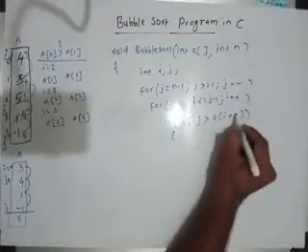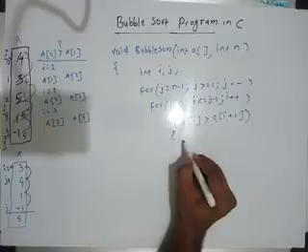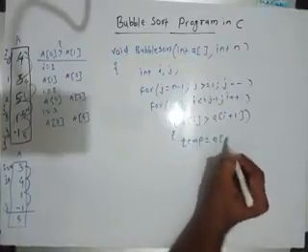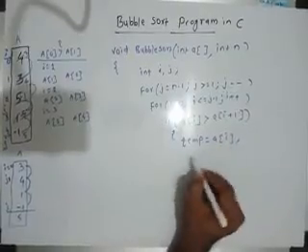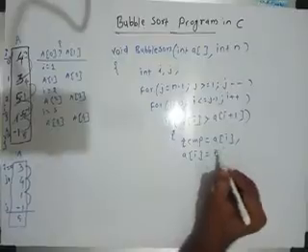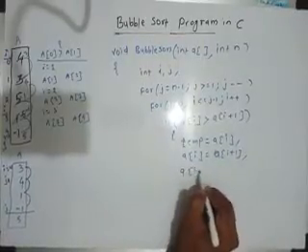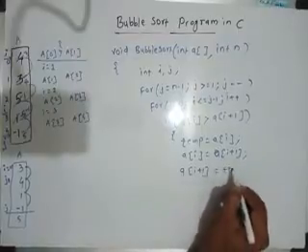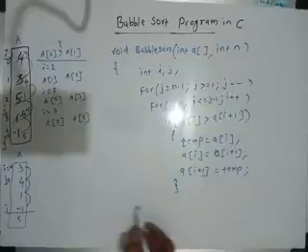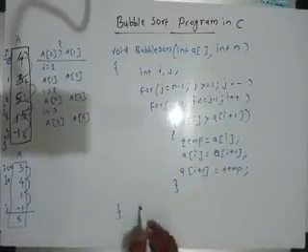So we'll take a temporary variable and use it to do this swapping. temp equal to a of i, a of i equal to a of i plus 1, and a of i plus 1 equal to temp. So that's it. This is the very simple bubble sort code.